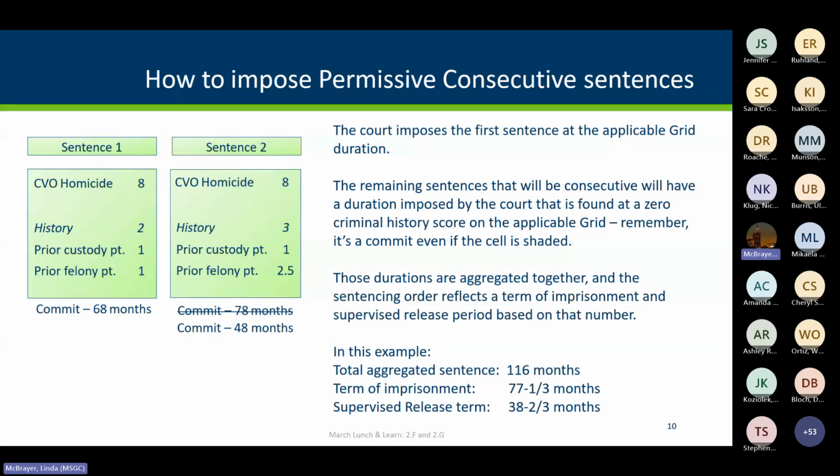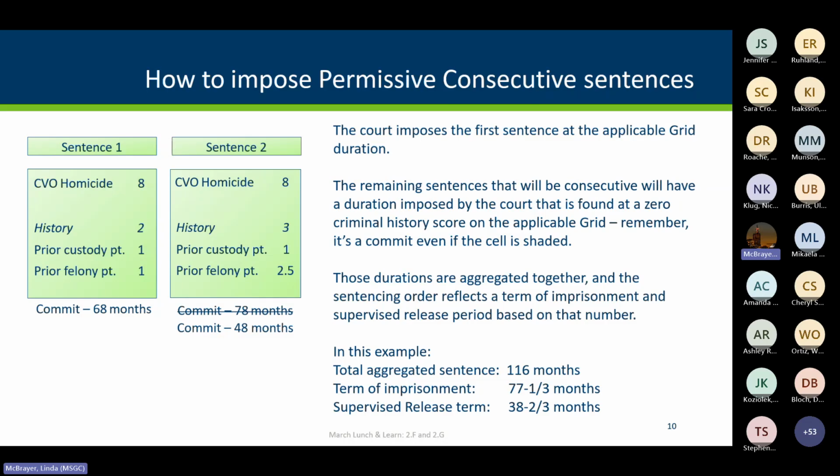So in this example, when they're aggregated together, that's a 116-month sentence they're going to serve. 77 and a third of that in prison, and 38 and 2/3 of that off prison, or supervised release, rather, out of prison on supervised release. So again, it's pretty straightforward.